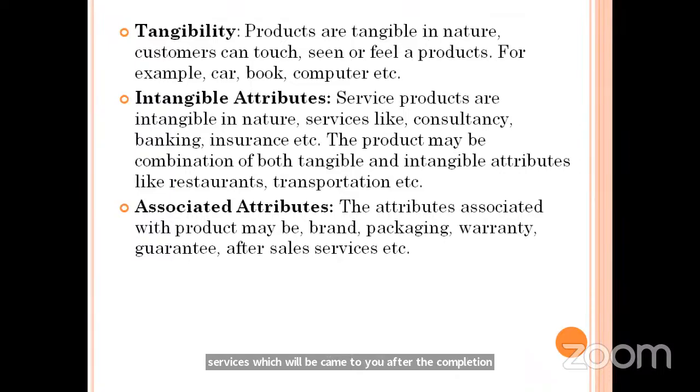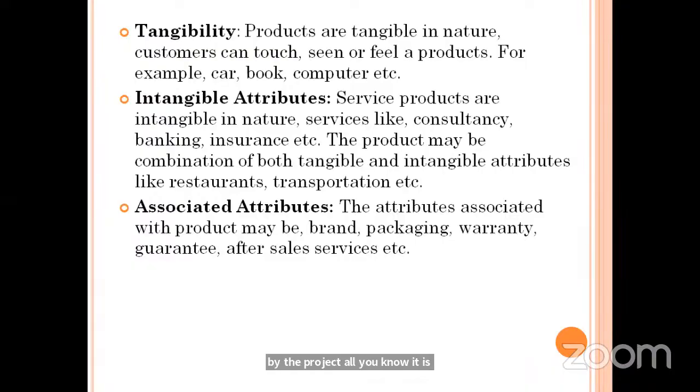Like a consultancy, for the consultancy you have to pay a certain amount of money, but the consultancy is something which is called advice, which is given by a person who is an expert in a certain way, and he tries to give you his own opinion about certain things, and for that you are paying that person or that particular agency. That is called intangible attributes which are offered by the product. It is otherwise called services.